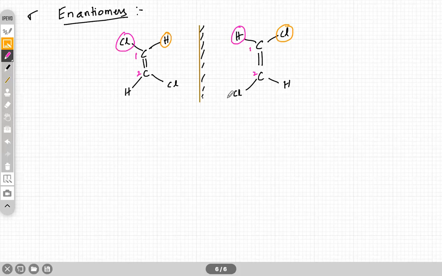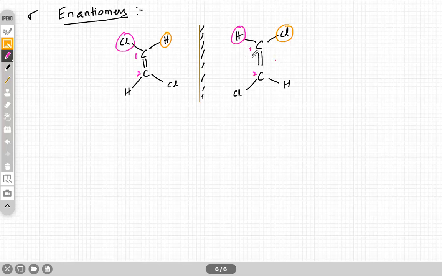To check whether the molecule is superimposable or not, you place this molecule over this molecule without flipping it. Flipping is not allowed. You can rotate the molecule in the plane, but you cannot flip it. Whenever you are checking superimposability, flipping of the molecule is not allowed.